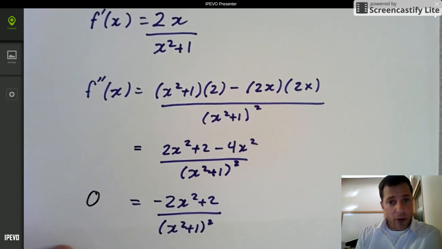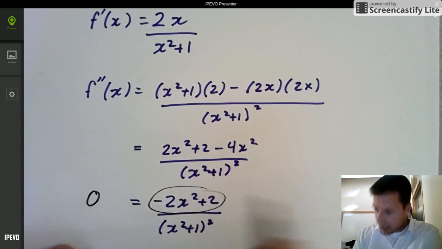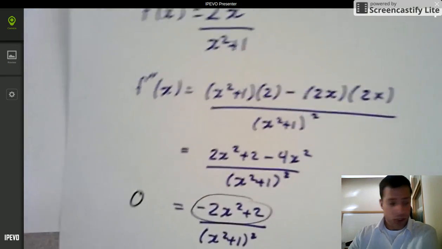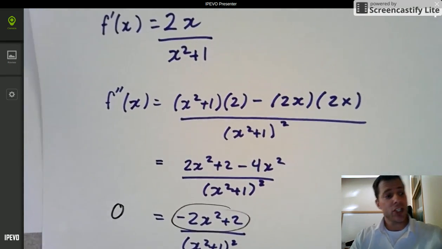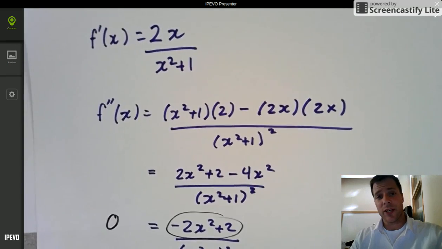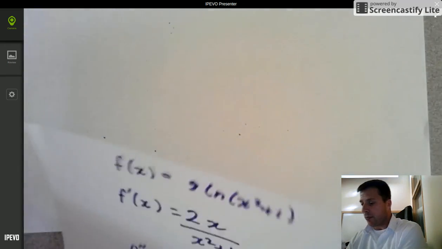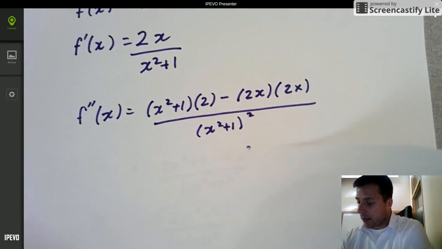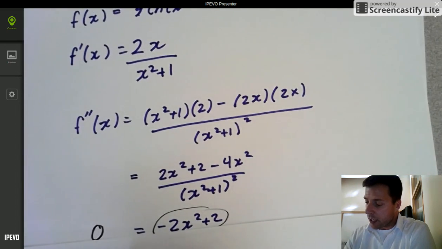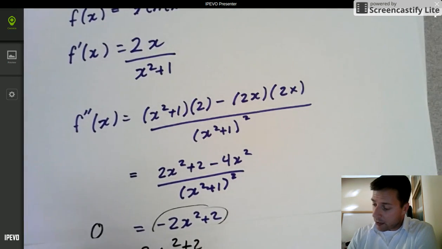The only way to make a fraction 0 is by making the numerator 0. So that's what we're going to do. We just have to set our numerator equal to 0 to find the possible points of inflection. So we're going to have negative 2x squared plus 2, and that's going to be equal to 0.